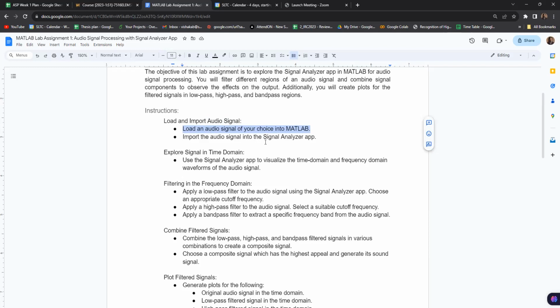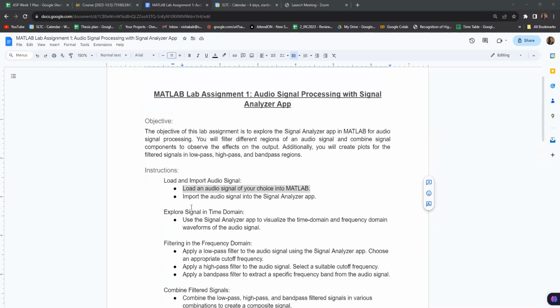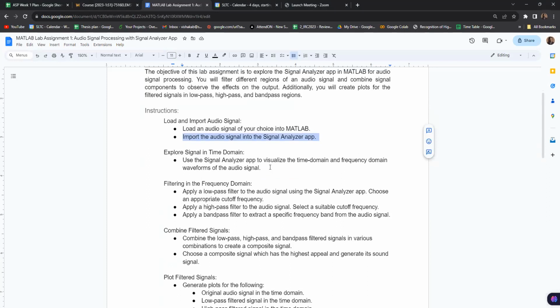You need to convert that signal into a type that you can process in MATLAB. First you need to download the song, and then convert it into a MATLAB file, or MAT file. After that, you have to import that audio signal into the signal analyzer app.